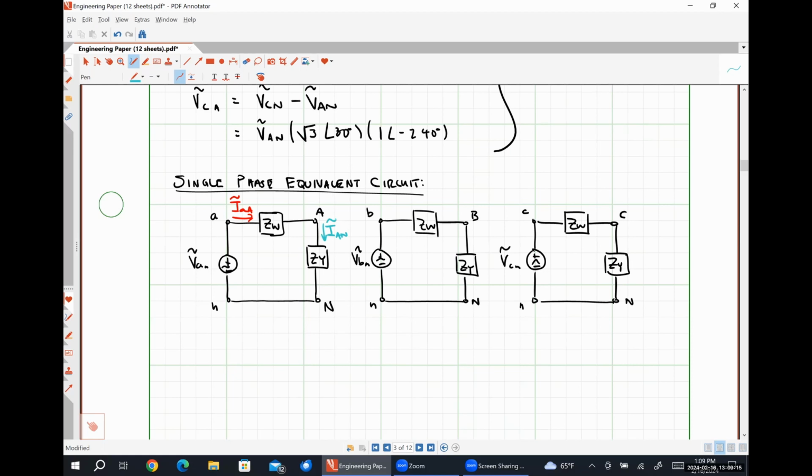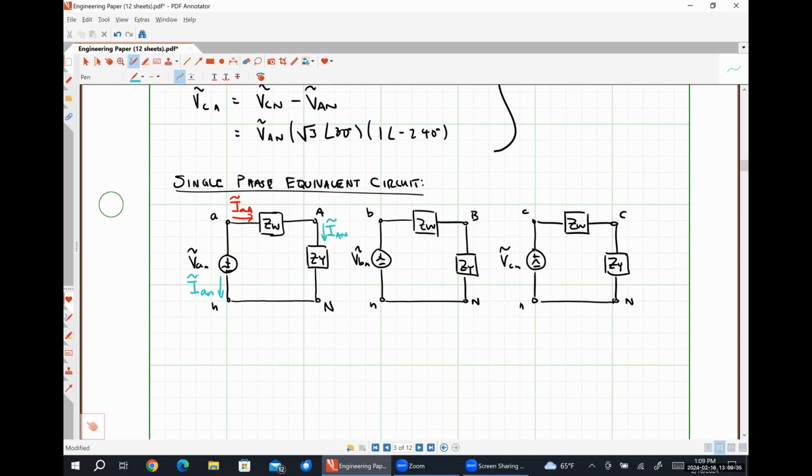And if we know our phase current through our load, it should be pretty easy for us to figure out the phase current through our source as well, because that's just going to be the negative of the phase current through our load.